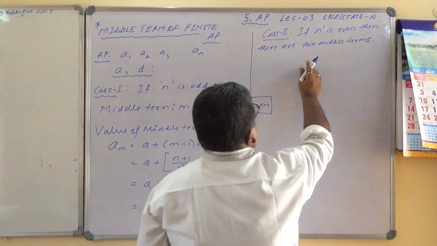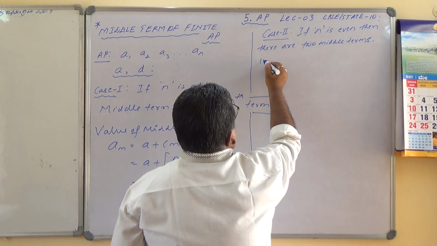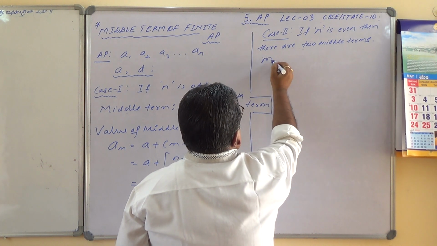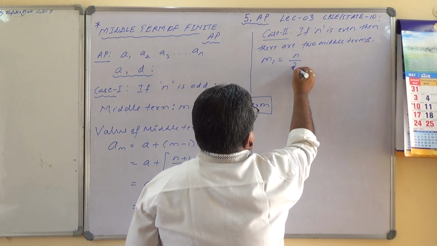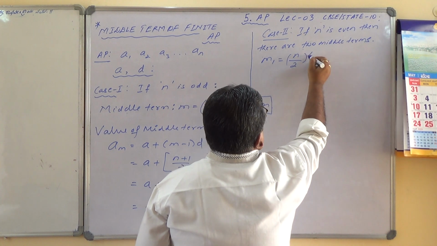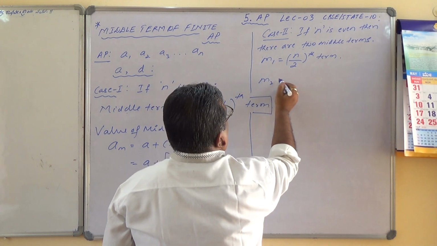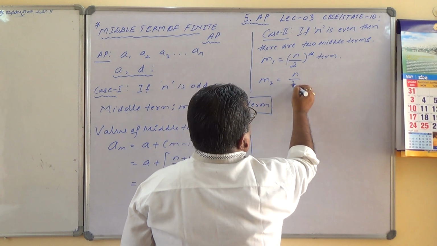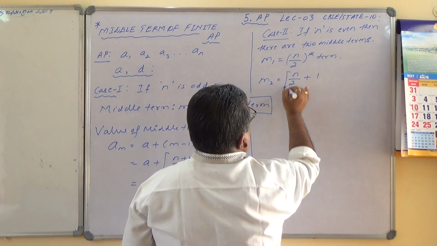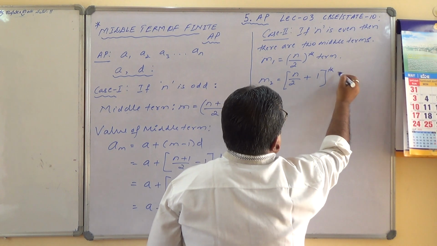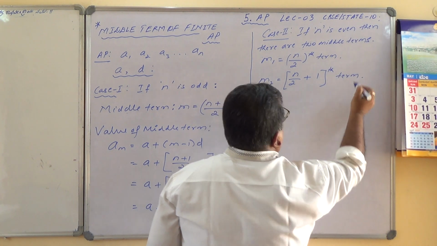What is the first middle term? First middle term m1 equals n by 2th term and m2 equals n by 2 plus 1th term.